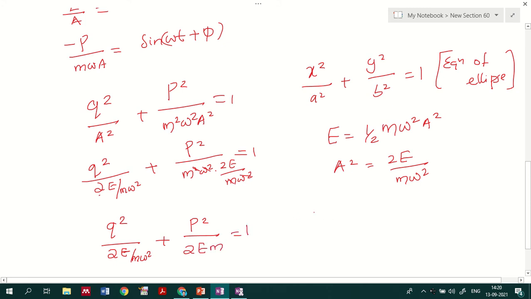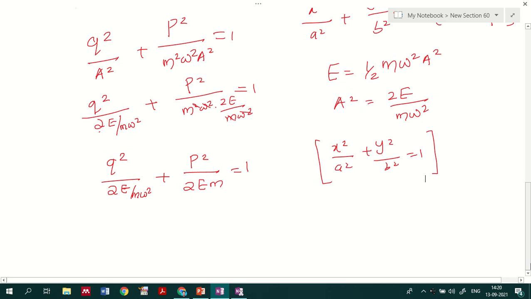So this is how I get. And now if I compare this with the equation of an ellipse, x square by a square plus y square by b square is equal to 1, this equation is actually representing an ellipse. Okay, so this is tracing an ellipse here.